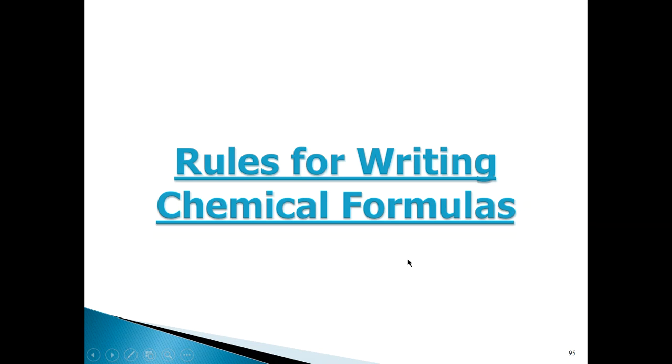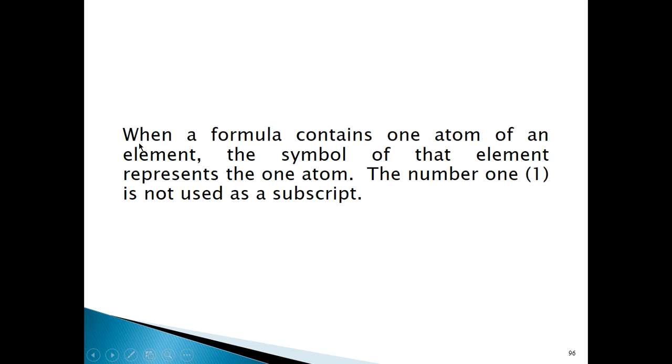So let's talk about the rules for writing chemical formulas. It says here, when a formula contains one atom of an element, the symbol of that element represents the one atom, right? So the number 1 is not used as a subscript. Basically what this is saying is that if you have a chemical formula and there's no number beside a particular element, then you can assume that number is 1 for that element.